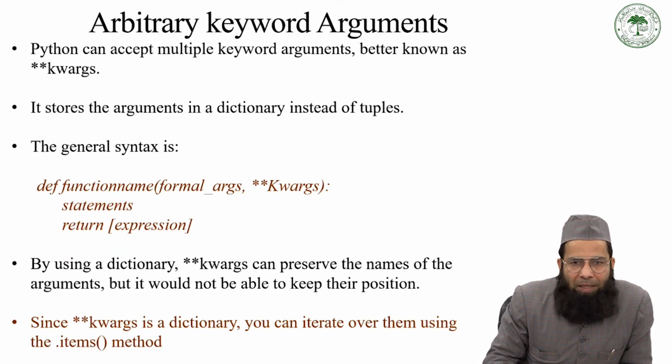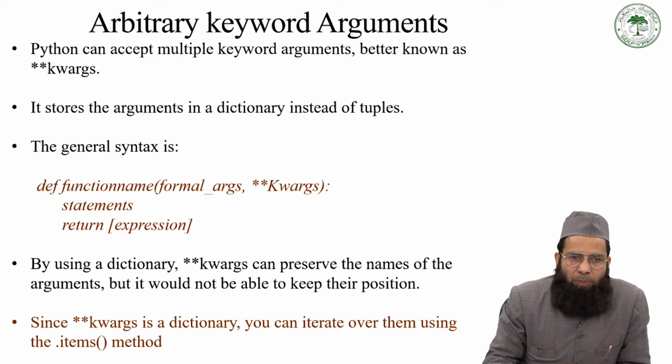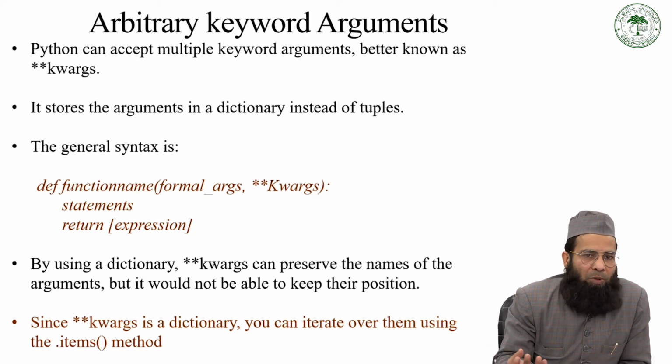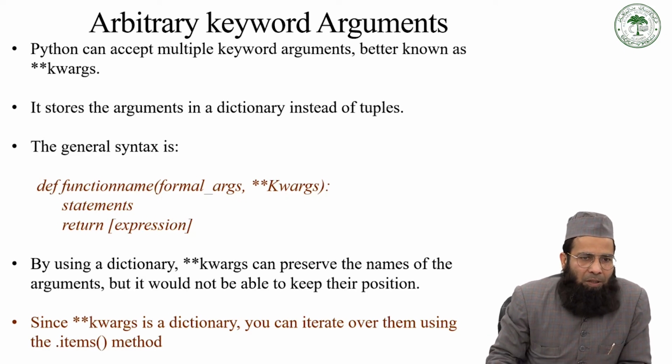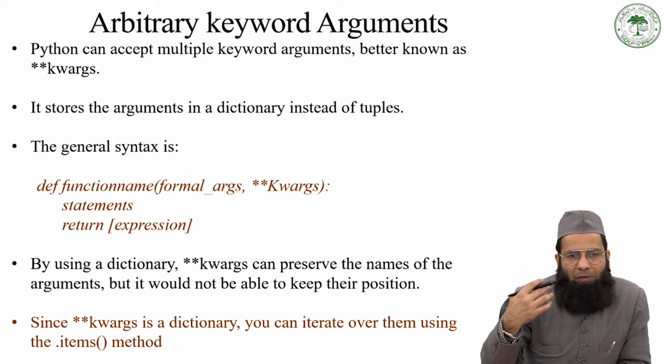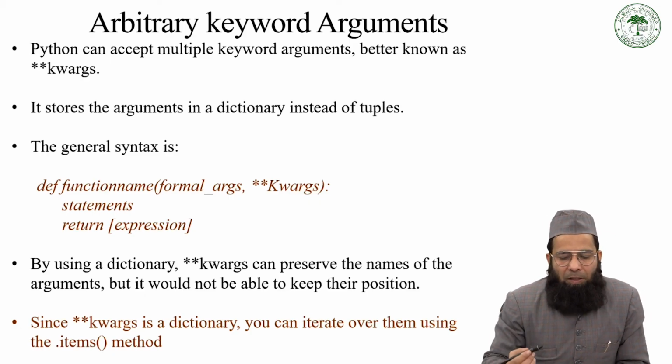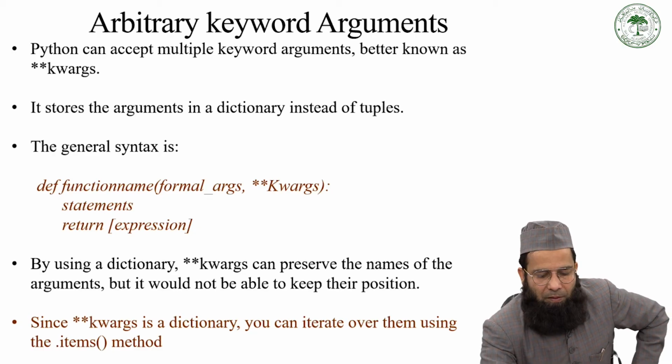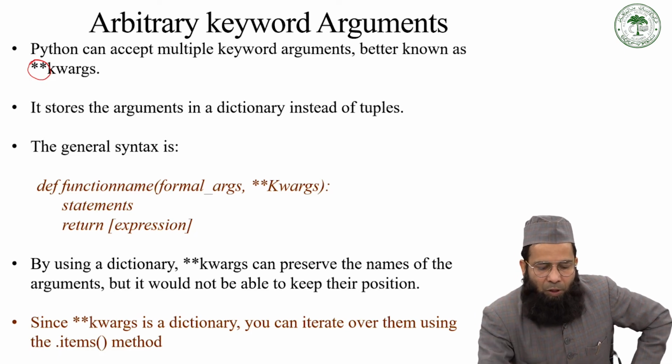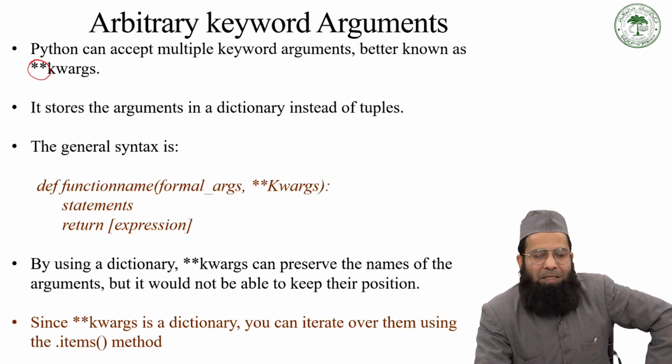There is one more: the arbitrary keyword argument. Python can accept multiple keyword arguments, and it is defined in this format, prefixed with a double asterisk. It stores the arguments in a dictionary instead of a tuple.